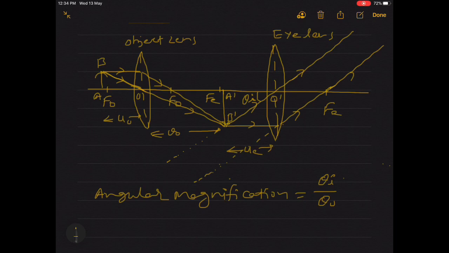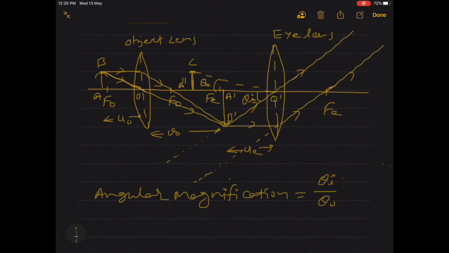Now we have to find out theta O, and theta O is what? When the object is seen directly without using this lens, and where it is placed? It is placed at D. So as it is, we are taking the same symbol A double dash C. If you join this to the point O dash, this angle would be theta O, as we have taken in the previous case as well.